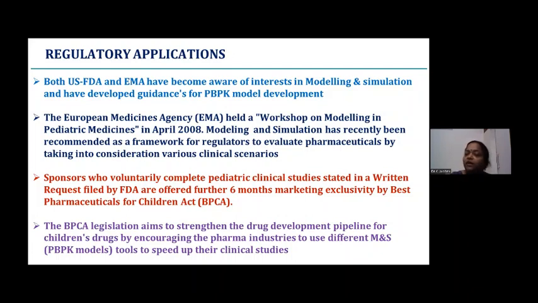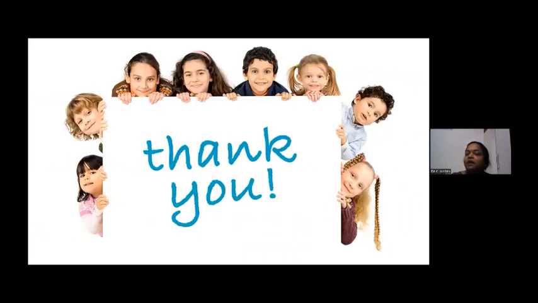So even the regulatory is supporting. Hence, instead of the normal routine allometric method, this PBPK model can be adopted so that we can overcome many of the unnecessary safety and tolerability issues.